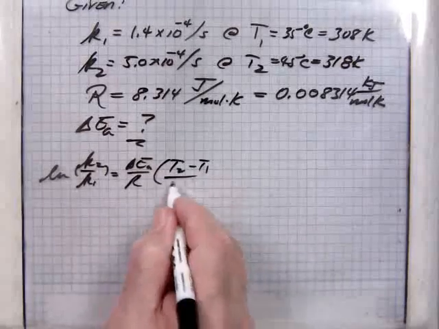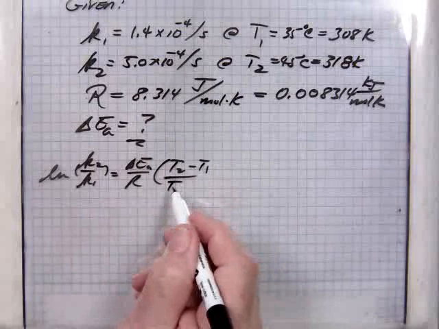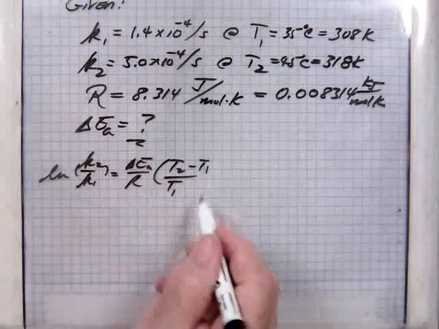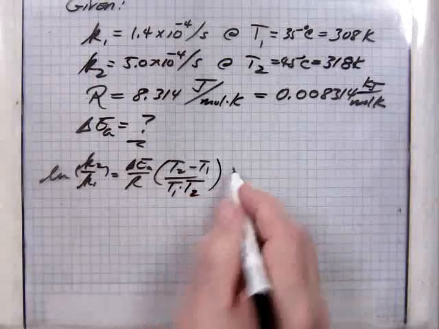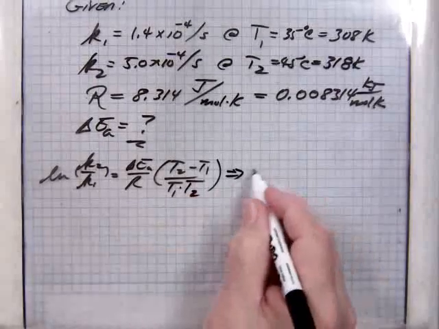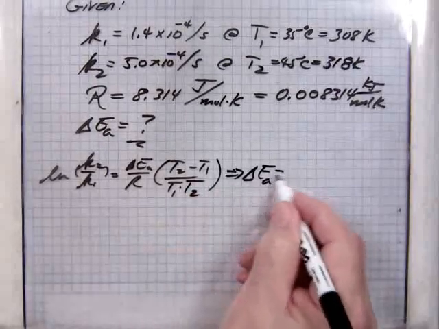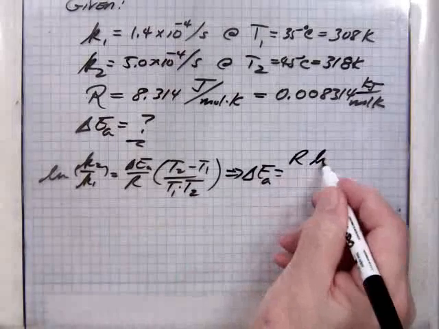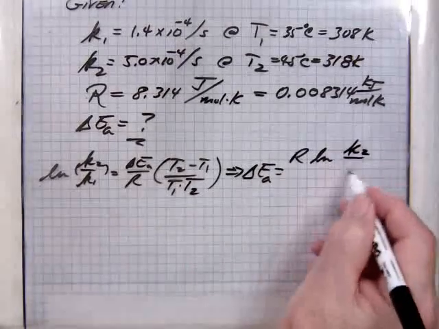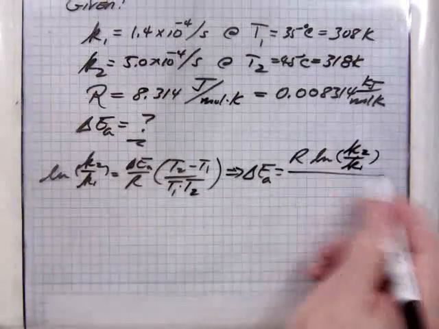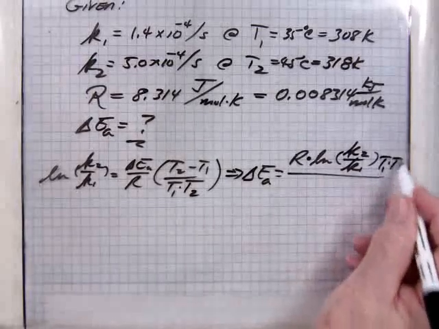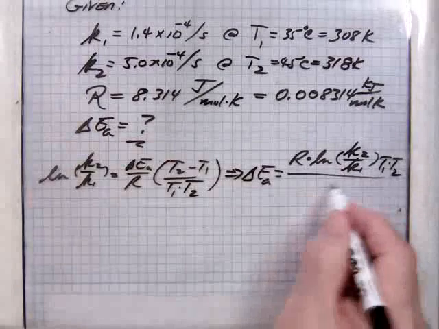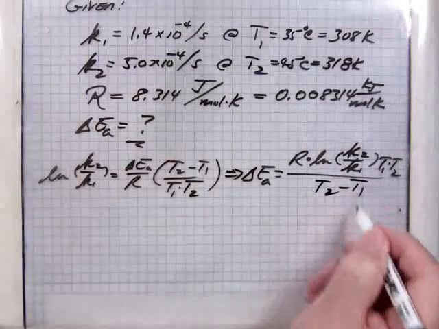Actually, what they'll publish is 1 over T1 minus 1 over T2 or something like that. This, to me, is much easier to work with. So I want to solve for delta EA, which is R ln of K2 over K1, times T1 times T2 over T2 minus T1 when you manipulate it.